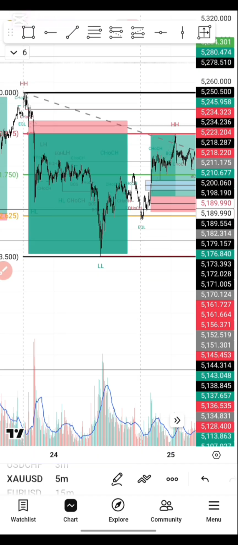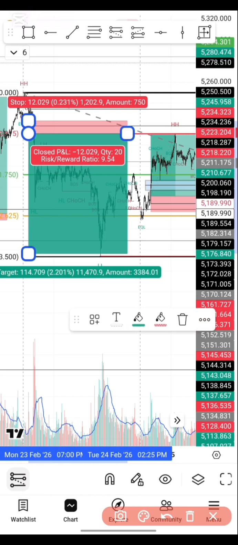If you look, you realize that this was our ratio, that is 1:9.5. A lot of traders struggle to get 1:2, but 1:2 is very easy for me to get. This is the pip value.